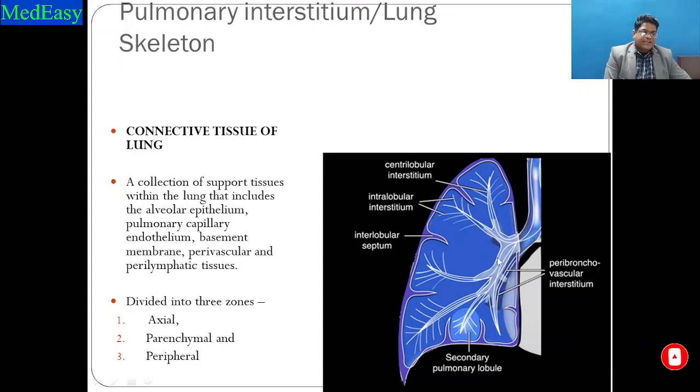The axial interstitium makes a sheath around the peribronchovascular area, so it is called the peribronchovascular interstitium. This part is called the centrilobular interstitium. Within the lobule, this is called the interlobular interstitium, and it also makes the interlobular septa.